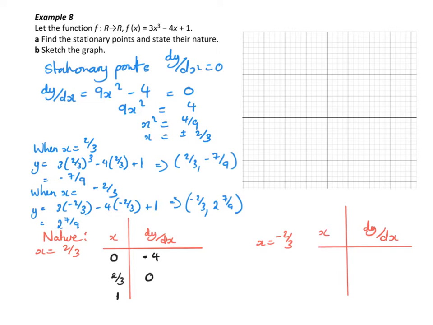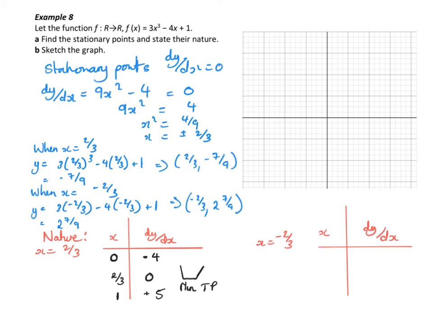When we substitute x equal to 1 back into dy/dx, we get 9 times 1 squared minus 4, and we actually end up with a positive 5, because 9 take away 4 is 5. So what happens there? We have a negative, a 0, and a positive, which means that we have a minimum turning point at x equal to 2/3.